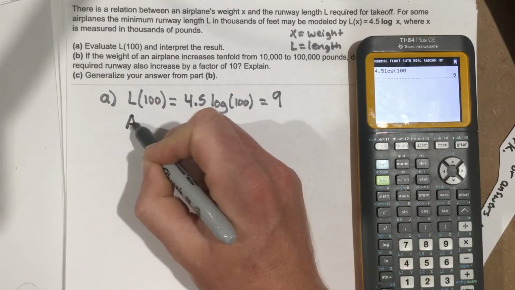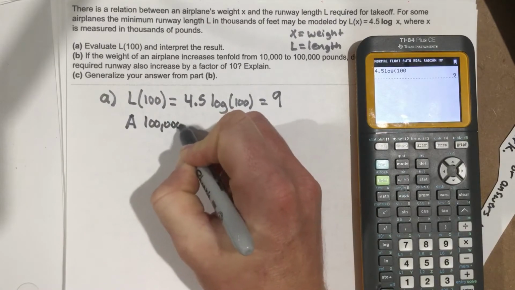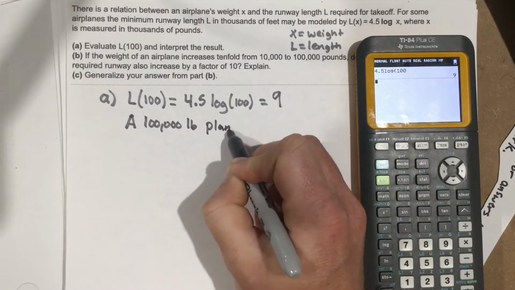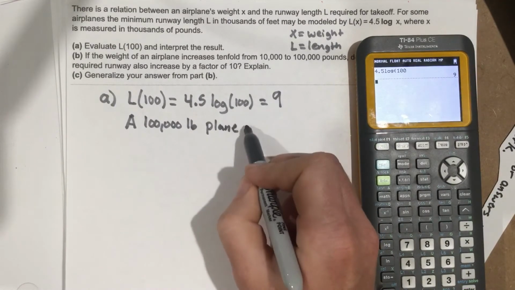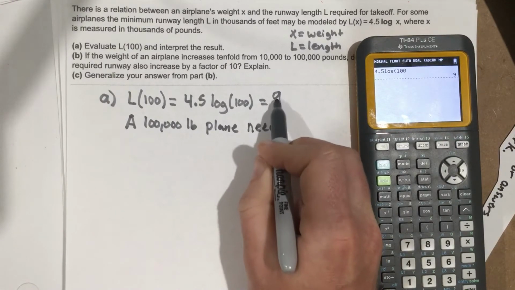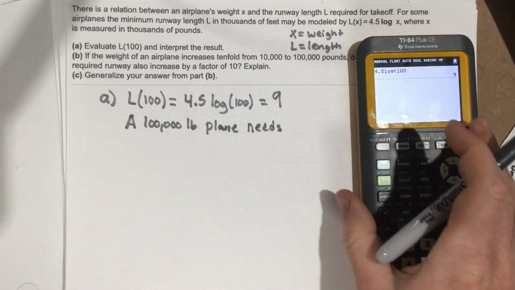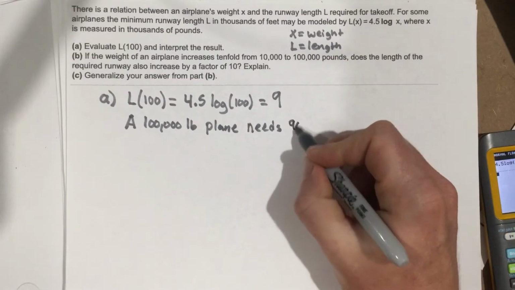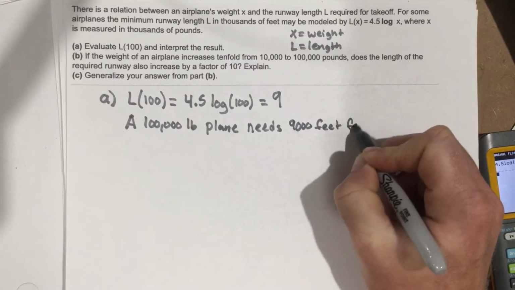A 100,000 pound plane needs, now this is the L of x, right? So that's the length, but in thousands, it needs 9,000 feet for takeoff.